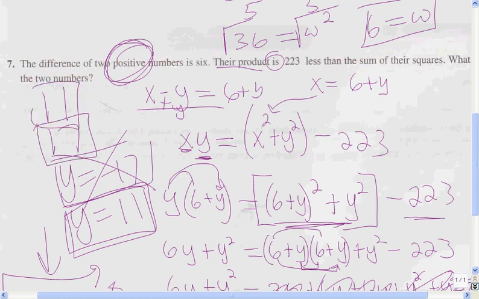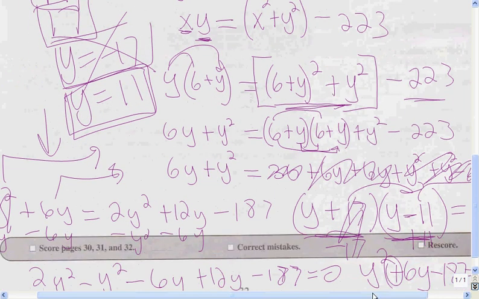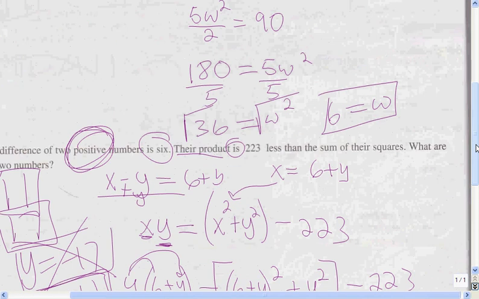So those are the two numbers that when I subtract them equal 6, and when I multiply them, their product equals 223 less than the sum of their squares. I know it sounds a little complicated, but if you follow the steps, you should be able to get the right answer, even though you might not completely understand it.